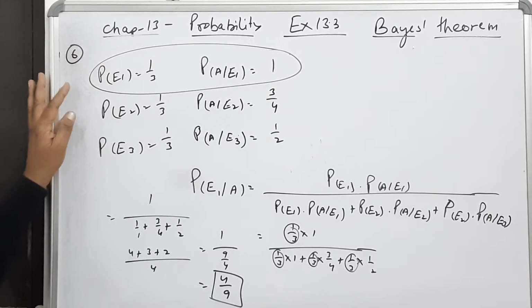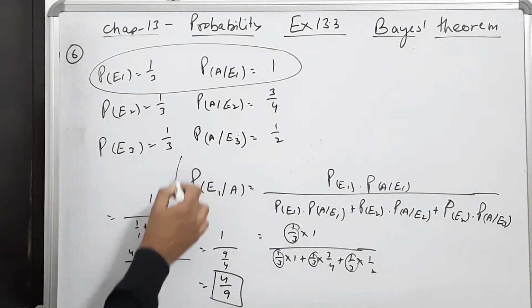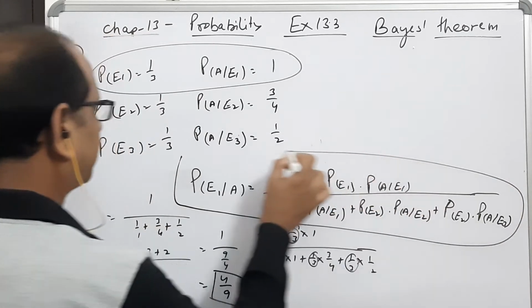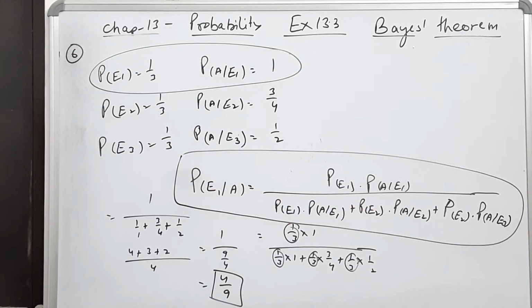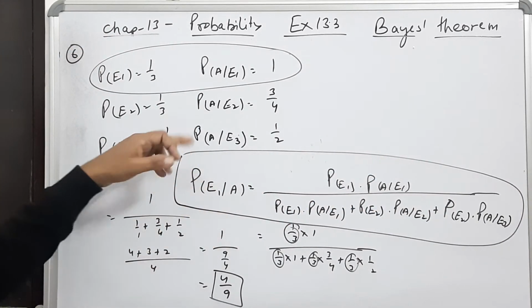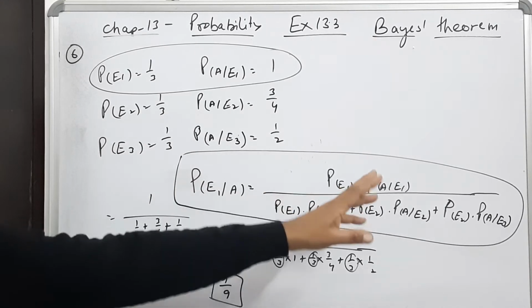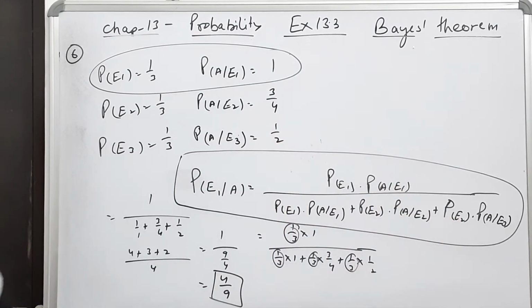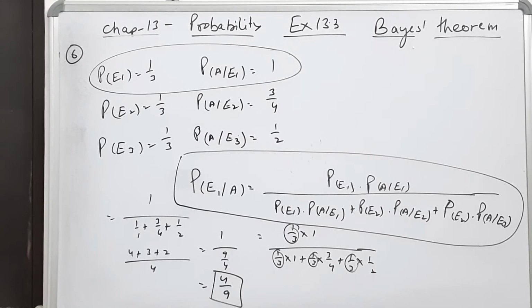That is, the selected coin was a two-headed coin. This formula of the Bayes theorem is very, very important. Please learn this formula correctly. This is for E1. If it is the second coin, then it will be E2. That part will be here. Third coin, then this part will be here. So in this way, we can find the required probability.